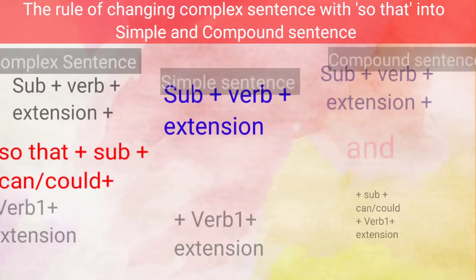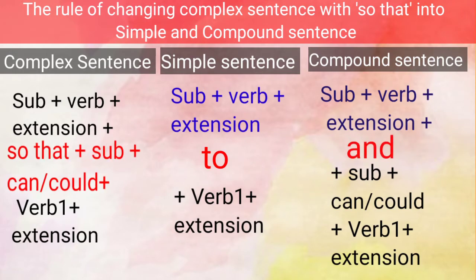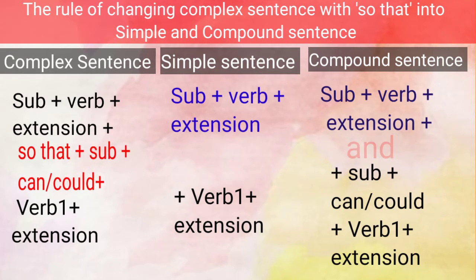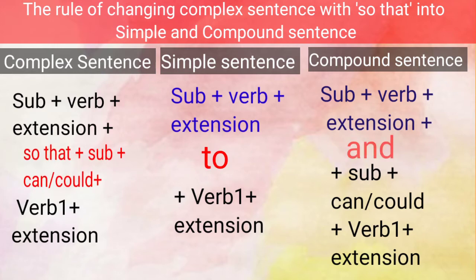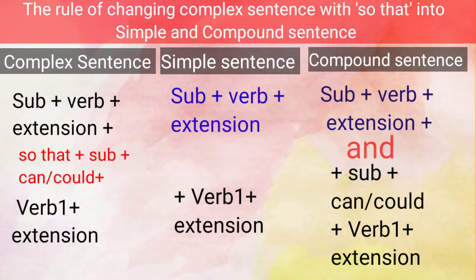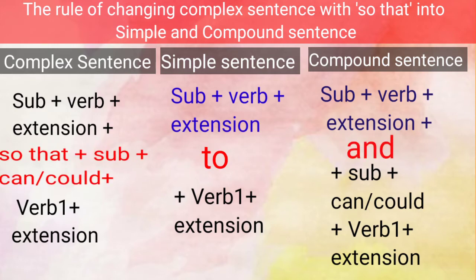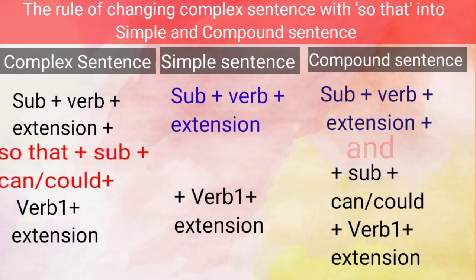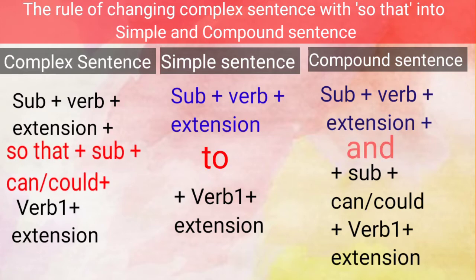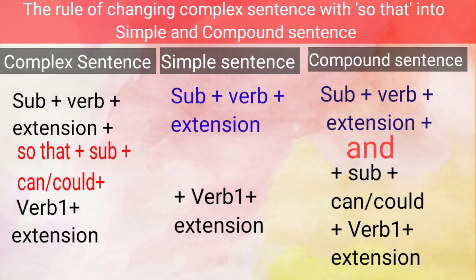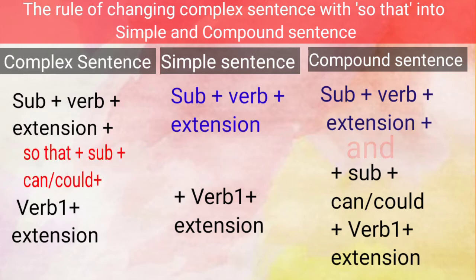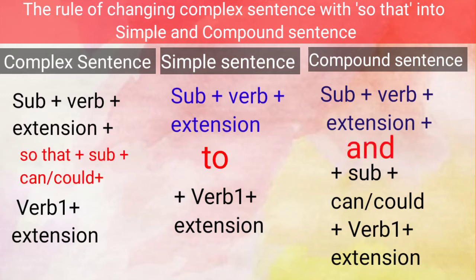The rule of changing complex sentence with so that into simple sentence and compound sentence. Dear learners, look at the structures of the three sentences. You will have noticed that in the simple sentence I have omitted so that, the subject and the auxiliary verb can or could.